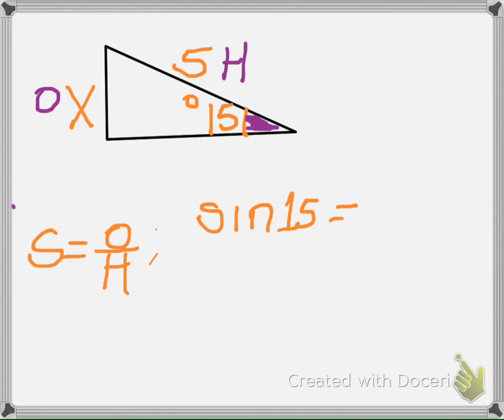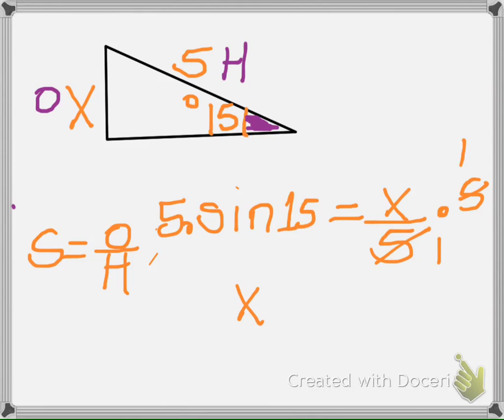Sine of 15 degrees equals x, the opposite, over the hypotenuse, which is 5. So how do you solve for x? You need to multiply both sides by 5, and then you can put that in the calculator.